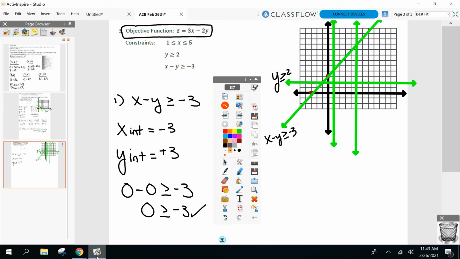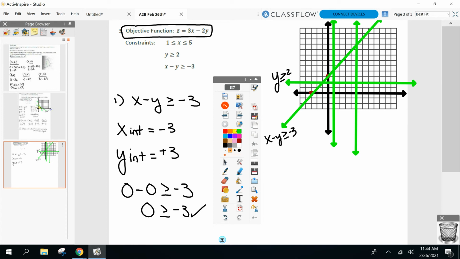Okay. And then everyone go ahead. Can you find your region? Can you find the region where all 3 shaded regions would overlap? Find it for me. What figure does it make? In between the verticals, above the horizontal, and below the diagonal.